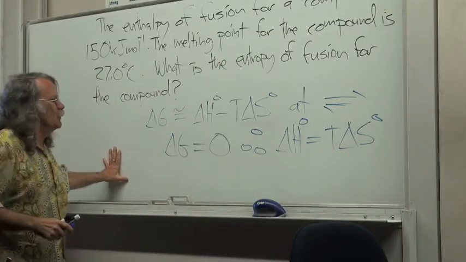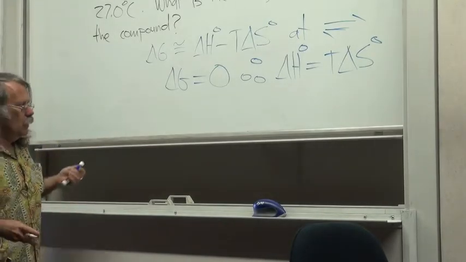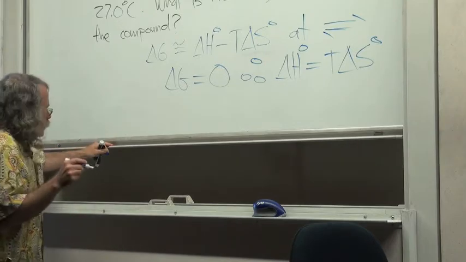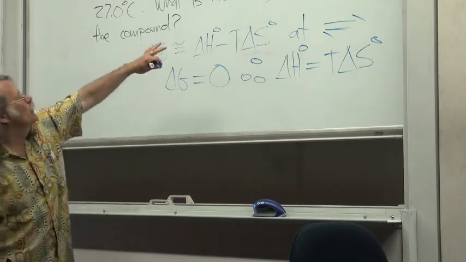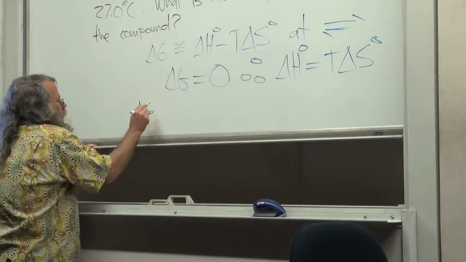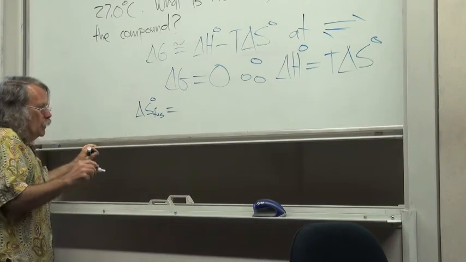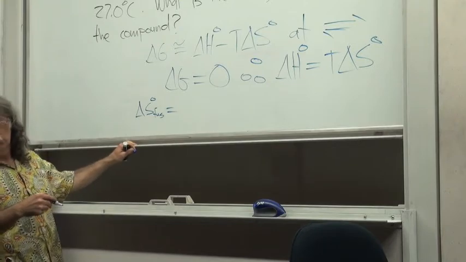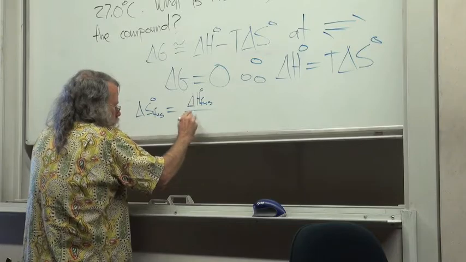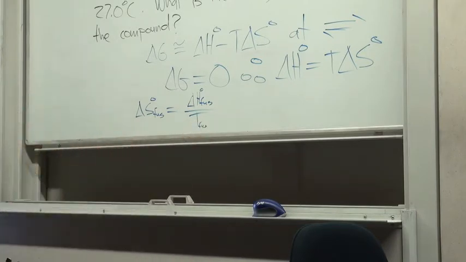And that enables us to answer this question. I'm after the entropy of fusion. So delta S naught of fusion is going to be equal to delta H over T of fusion, or the melting point.